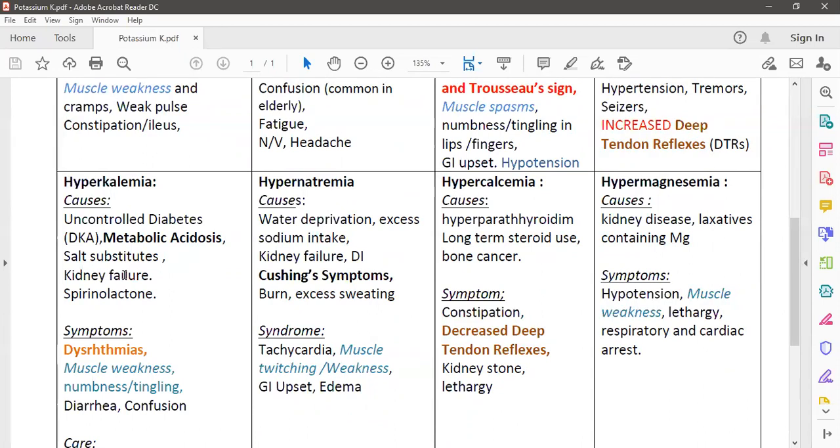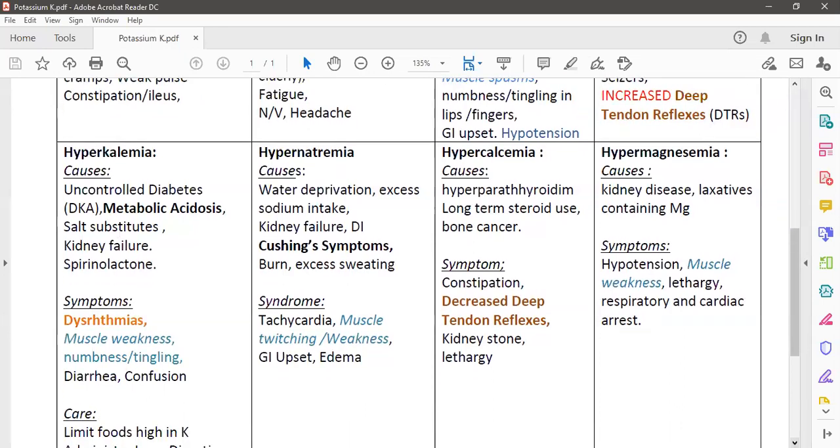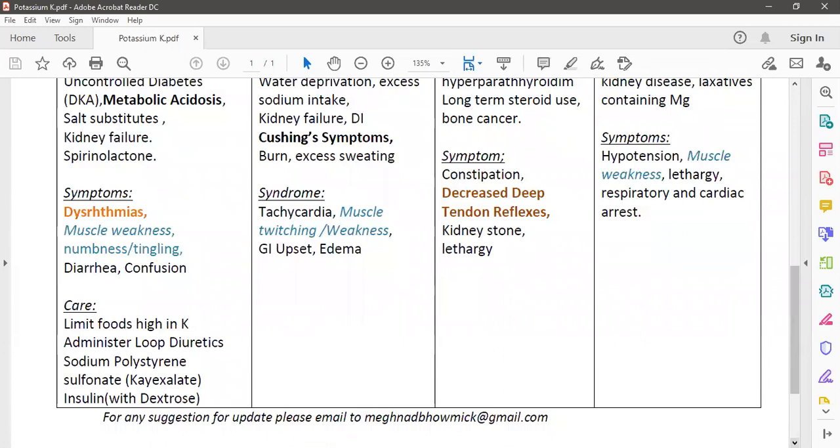So one of the most important causes of hyperkalemia is renal failure, or if my patient takes potassium-sparing diuretics like spironolactone, or if my patient eats too much high-potassium food, or uses excessive salt substitute, they develop hyperkalemia.